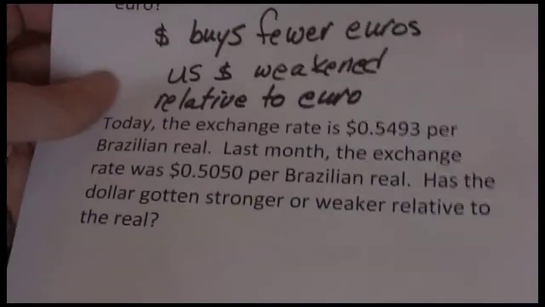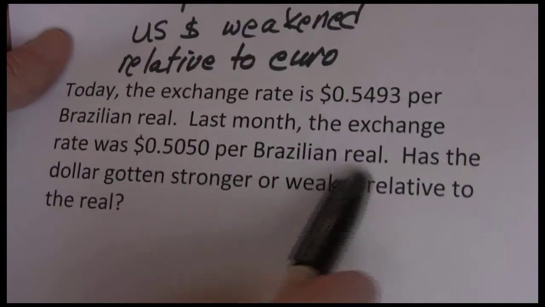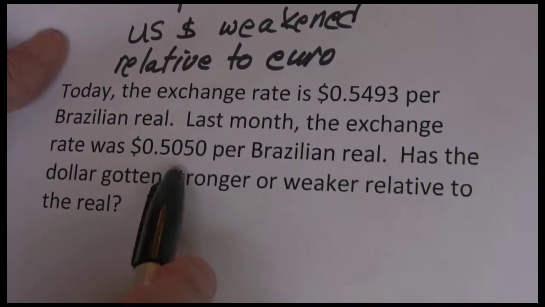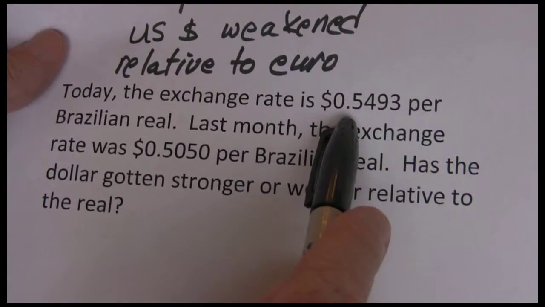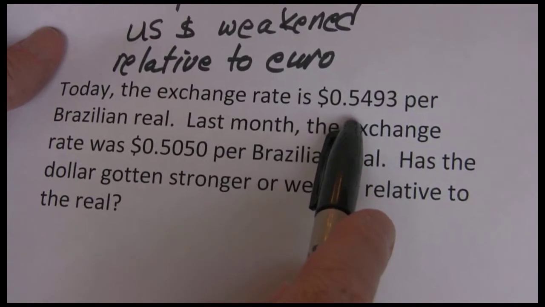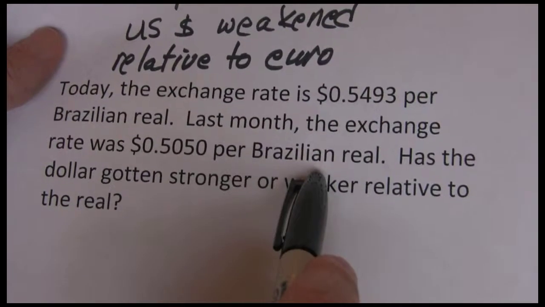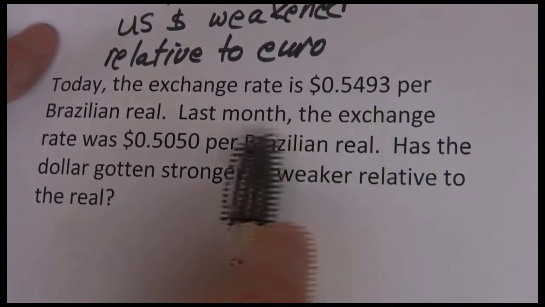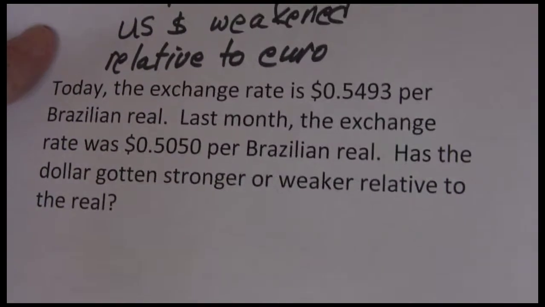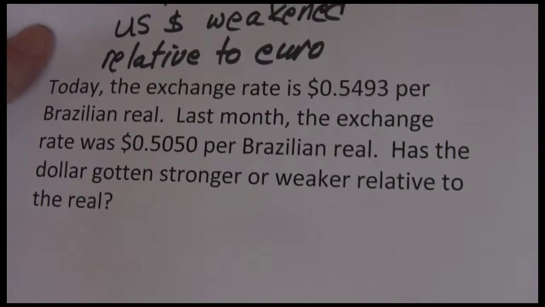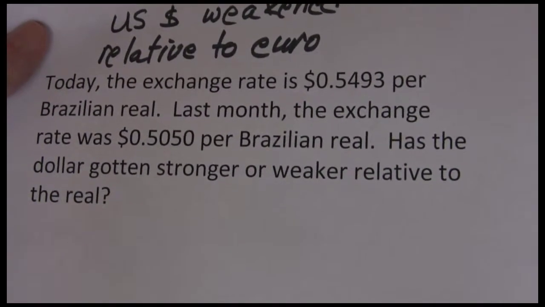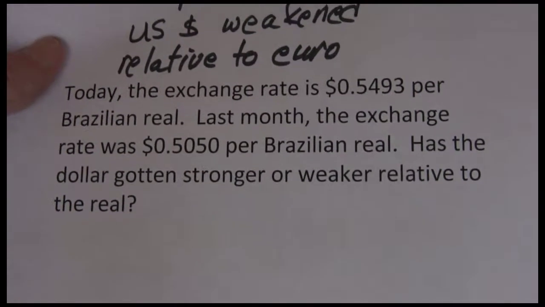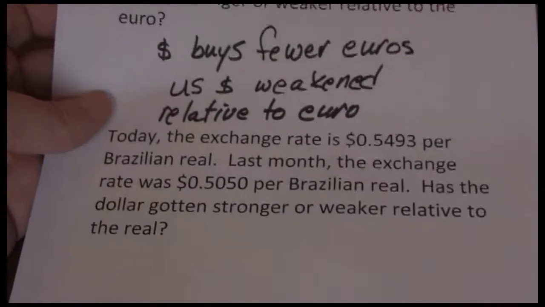So last month, 1 real could buy 0.5050 US dollars. Today, 1 real is buying 0.5493 US dollars. Since the real is buying more US dollars today than it could last month, the real has gotten stronger relative to the US dollar. If the real has gotten stronger relative to the US dollar, that means the US dollar has gotten weaker relative to the real.